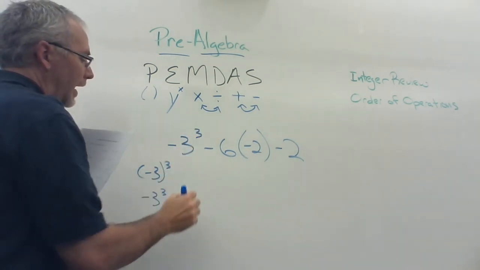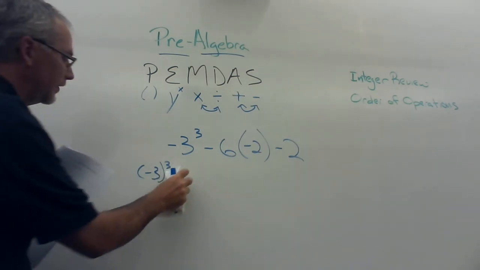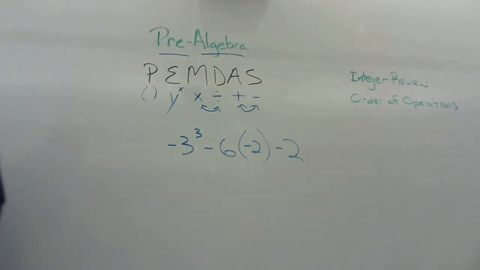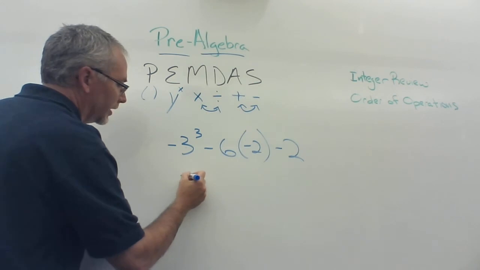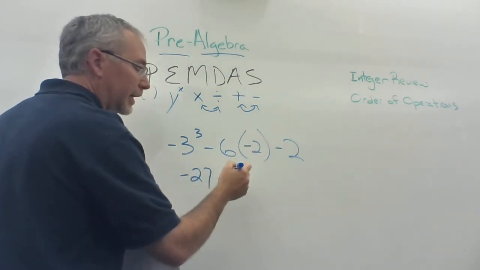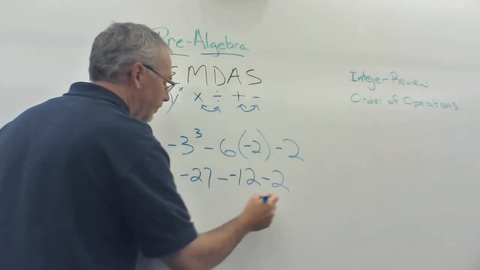Because it's got an odd exponent, we're going to get the same answer for that no matter what. But if it has an even exponent, which we can talk about at some other time, it would end up being different, I should say. So this one here is going to be negative 27 minus, what is 6 times negative 2? That would be a negative 12 minus 2.